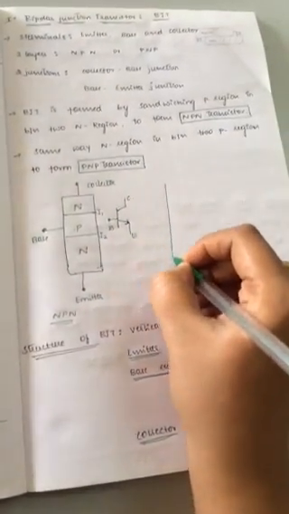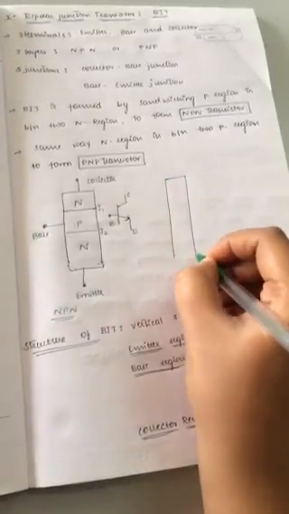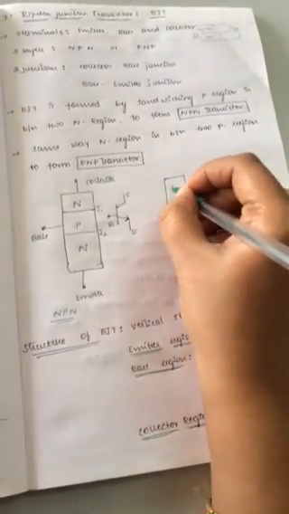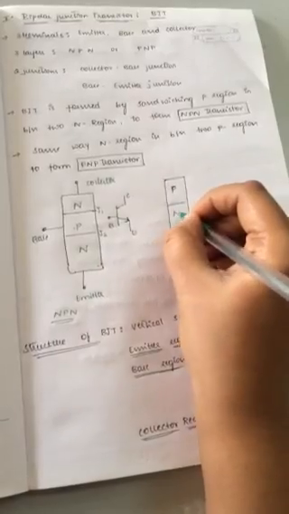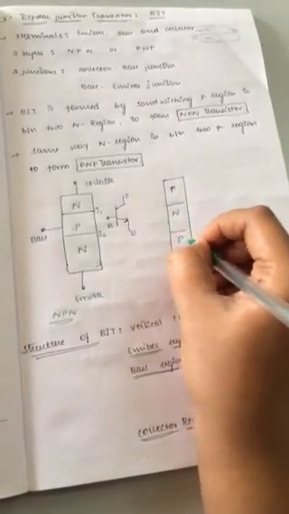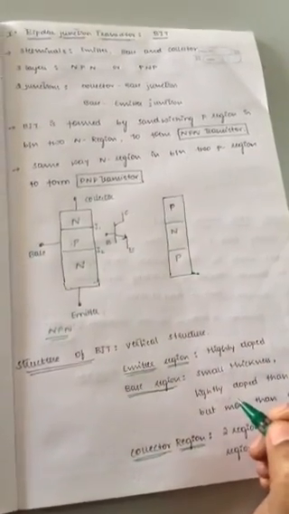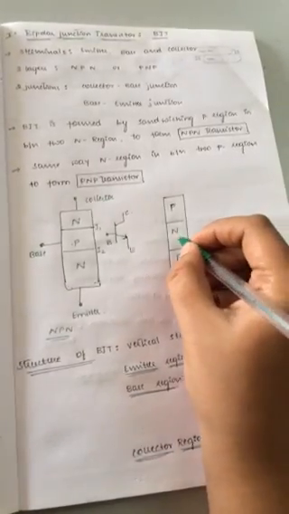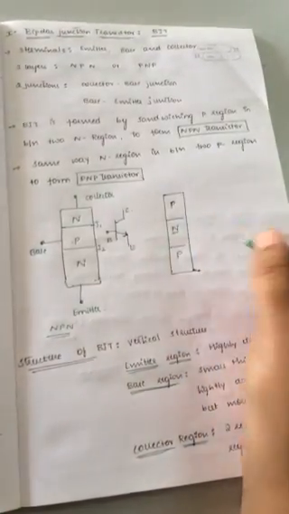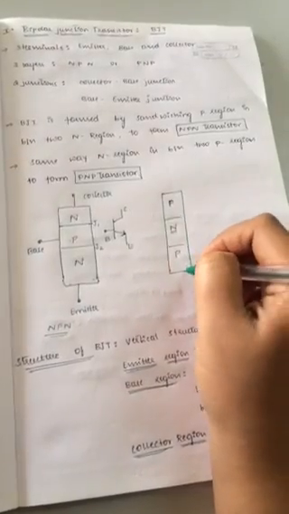Next, if I have to draw the PNP transistor, it has three layers, that is first a P layer, next an N layer, next a P layer. So this PNP transistor is formed by sandwiching an N type layer in between the two P layers.